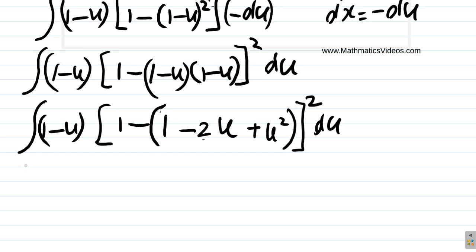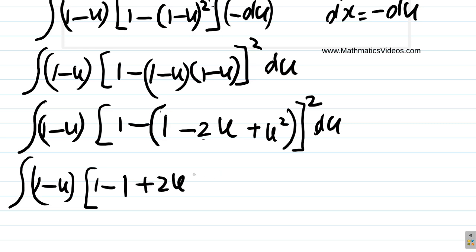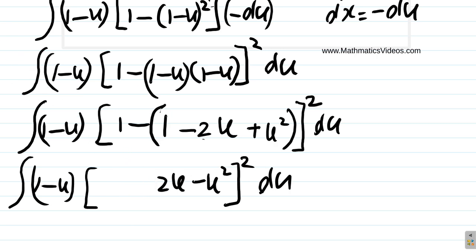Let's open the bracket. We have the integral of 1 minus u times 1 minus, which is going to be negative 1 and plus 2u minus u squared, du. But this 1 minus 1 will go because 1 minus 1 is 0. Let's just erase it. So it will be 2u minus u squared that we have there, squared.